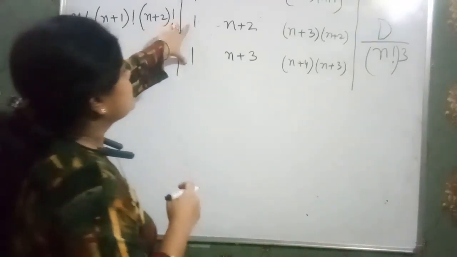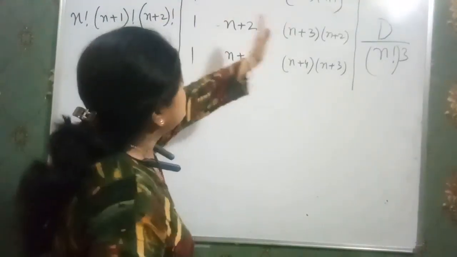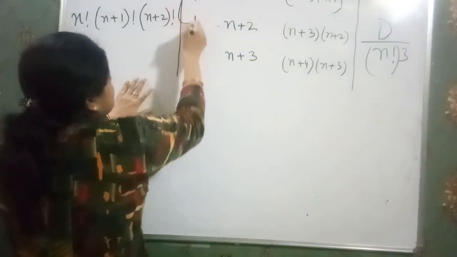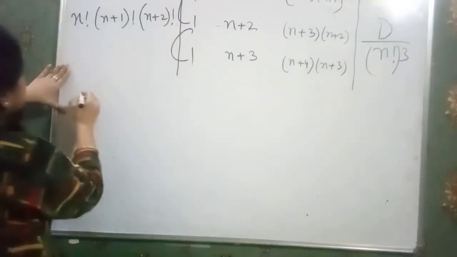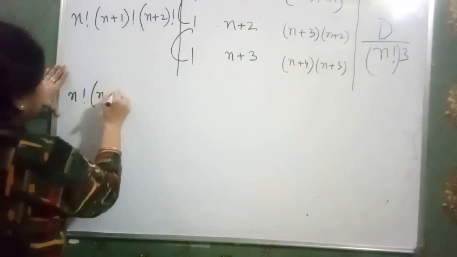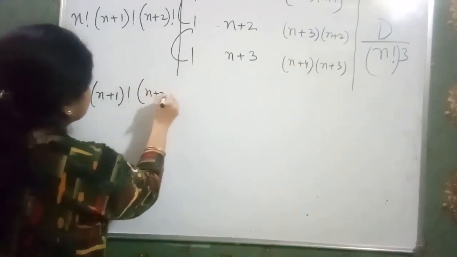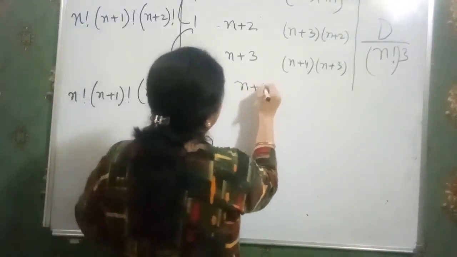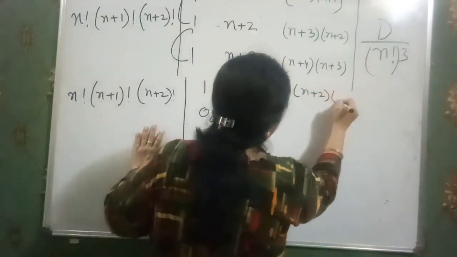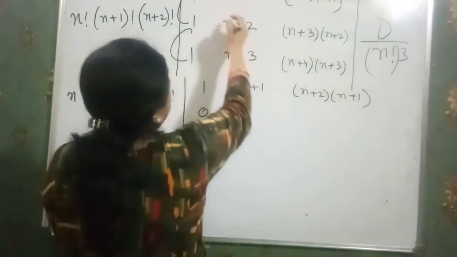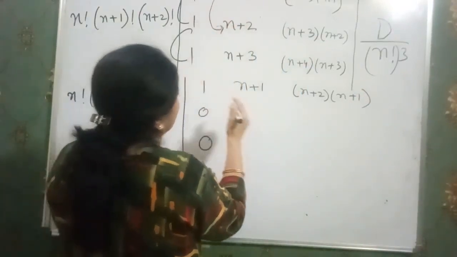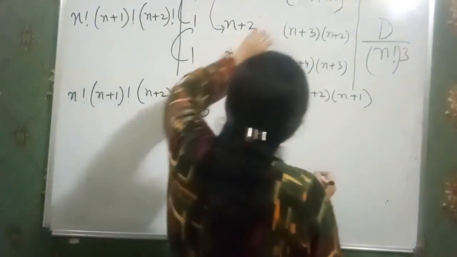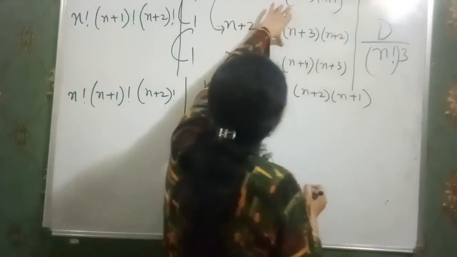So now we observe what we have to do: we have to make zeros. If we do this type of subtraction, it becomes complicated. So I will subtract this with this and this with this. Okay? So we are left with n plus 1 factorial, n plus 2 factorial. Clear? 1, 0 and 0. It is n plus 1, it is n plus 2, n plus 1. When we subtract these two, we have 1, and when we subtract these two we also get 1. And here when we subtract, we just do one case.